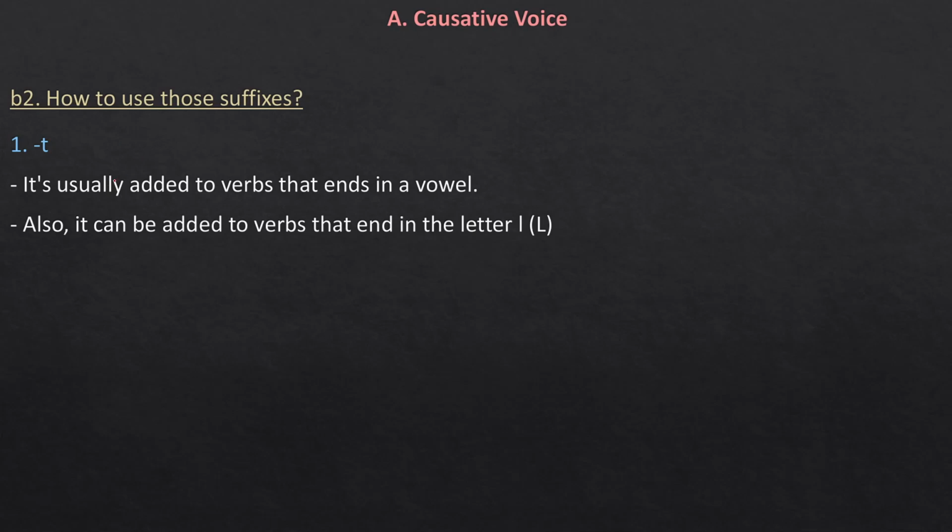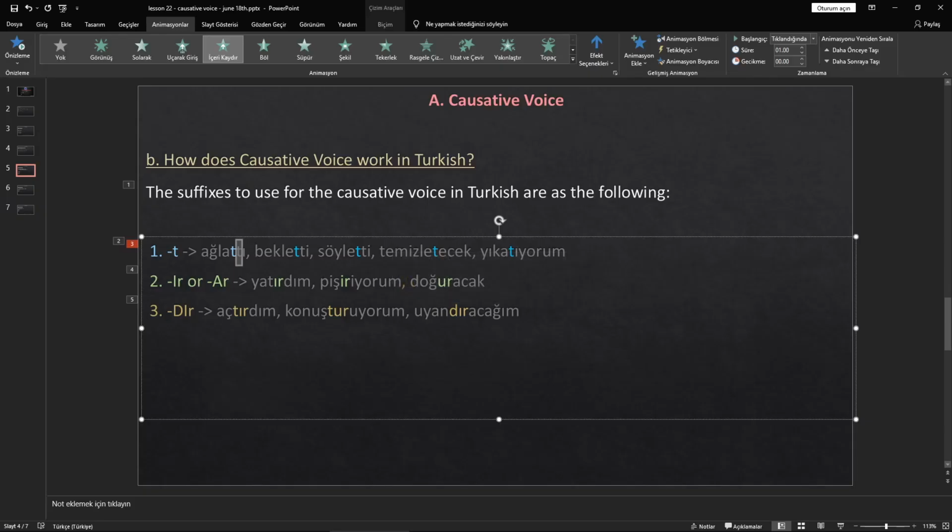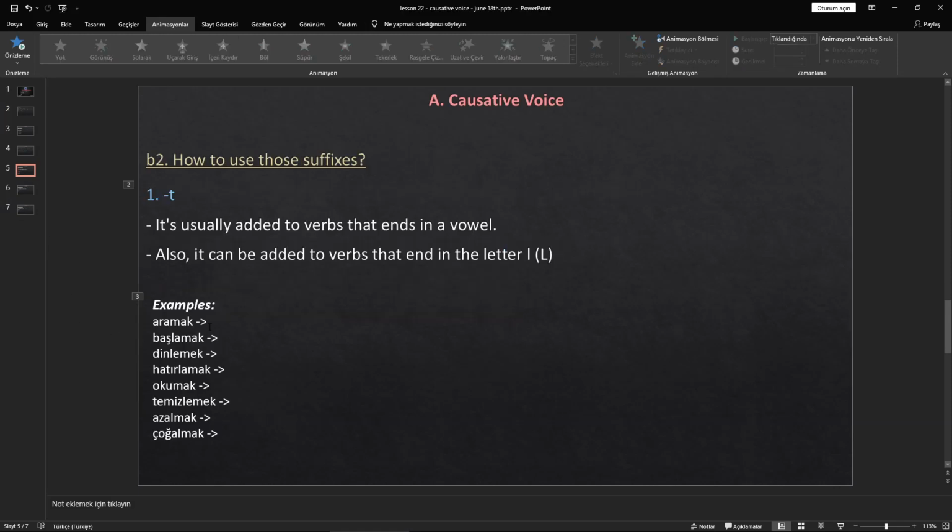And there are also some other rare verbs ending with L, which I put in uppercase so you wouldn't confuse it with I. This is an L. So if there's also an L at the end, you can use te. And I will actually leave this presentation mode, and we have these examples here.